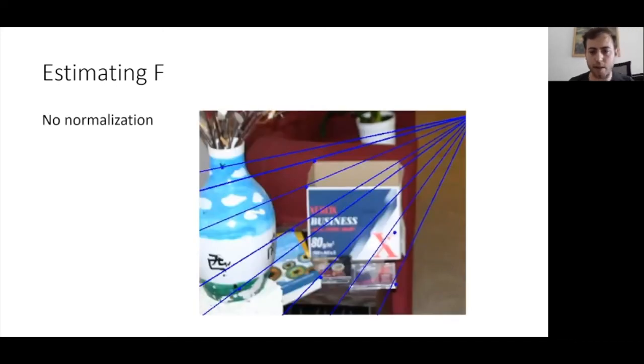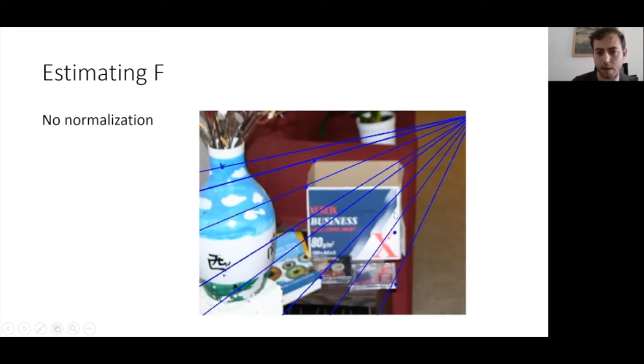And here you can see the importance qualitatively. This is the way to show the accuracy of the fundamental matrix. You just take points from one image, map them to their corresponding epipolar lines in the second image, and if everything is correct, the epipolar line should pass through the corresponding points.